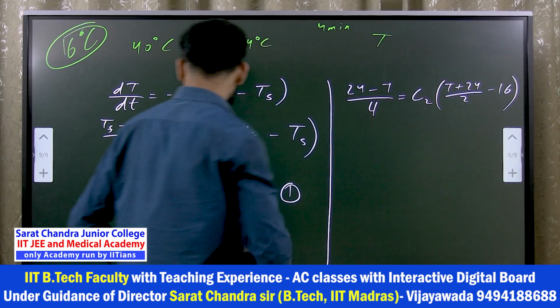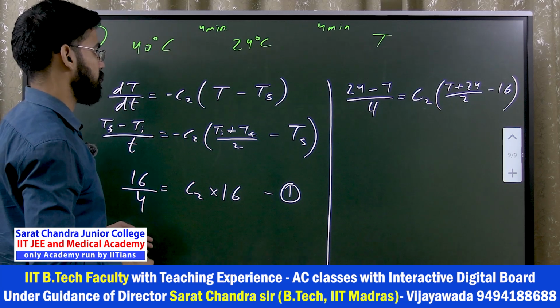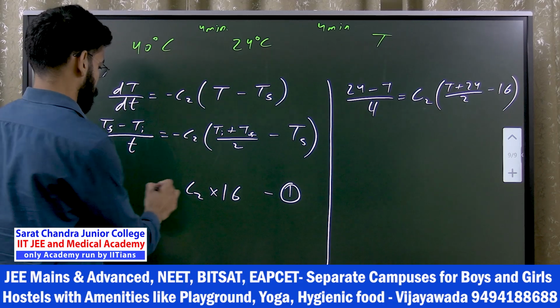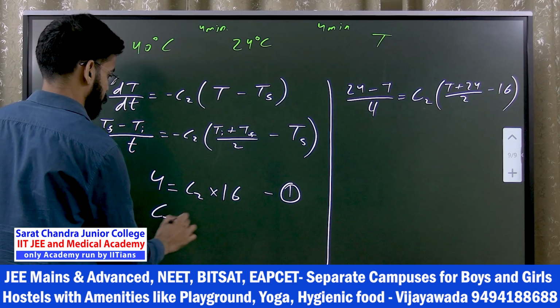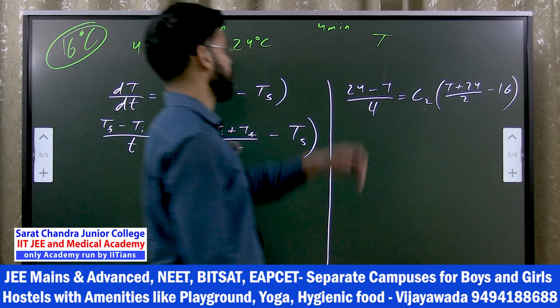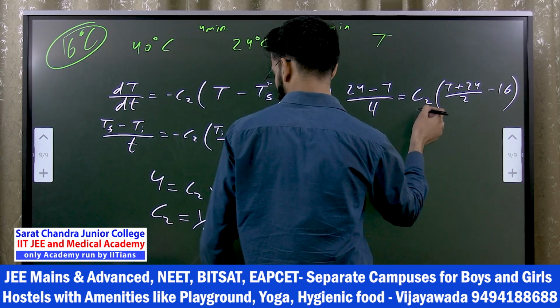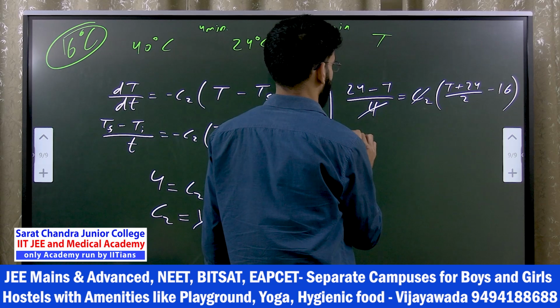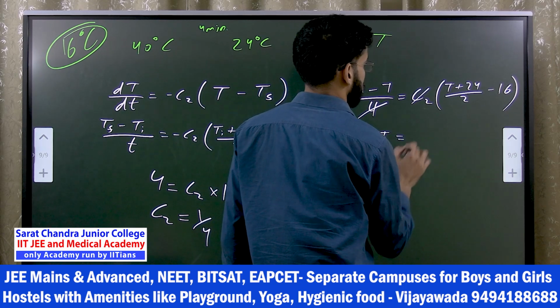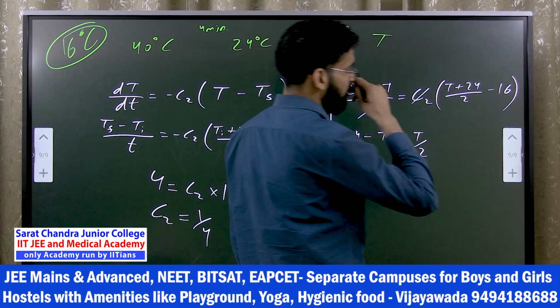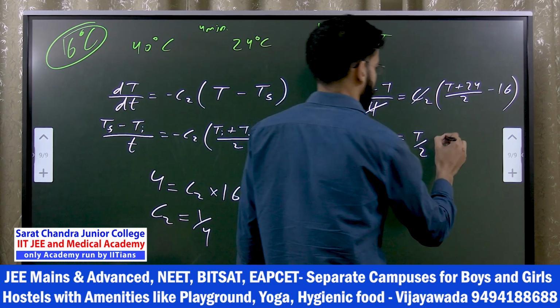So now what do you do? Simplify a little bit, and take the 4 to that side. So C2 will be 1 by 4. If you put the C2 value of 1 by 4 here, this 4 will get cancelled out, so C2 will get cancelled out. Then you will have 24 minus T is equal to T by 2 plus 12, minus 16, which is minus 4.